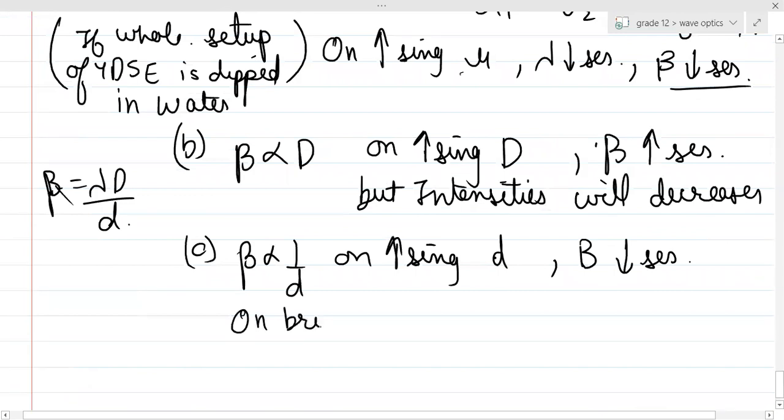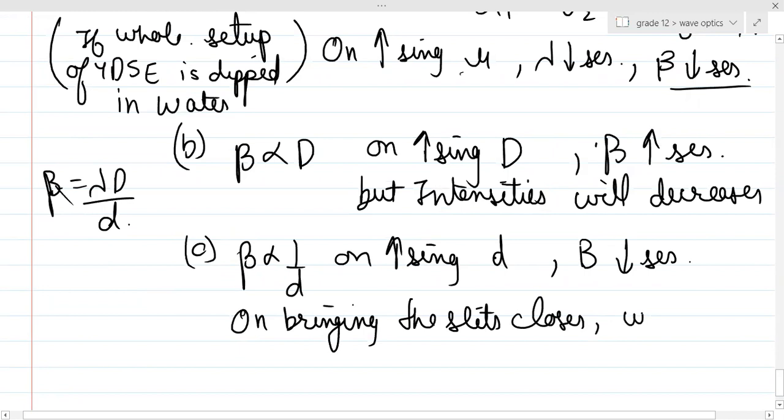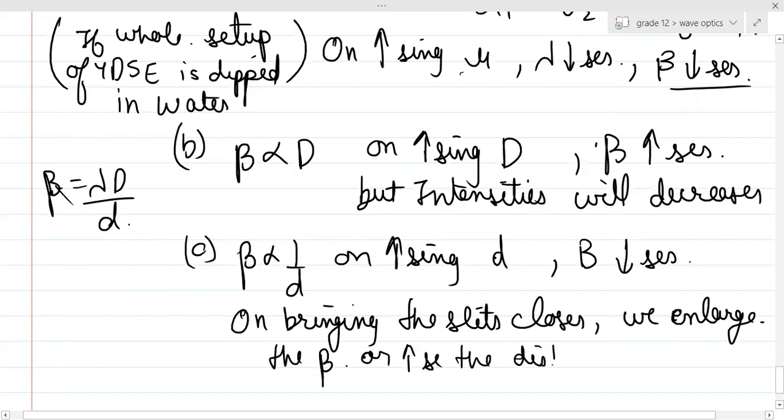On bringing the slits closer, you enlarge the fringe width, or basically increase the distance between the fringes.